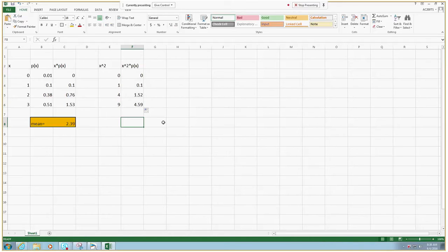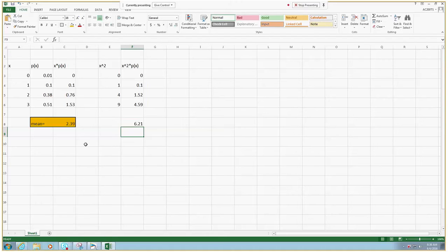And of course we add that number up. And then from that number we subtract the mean squared.